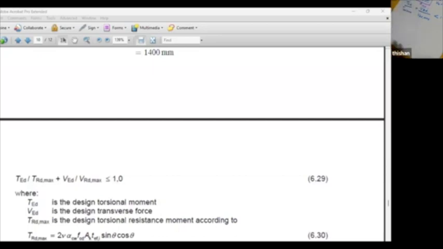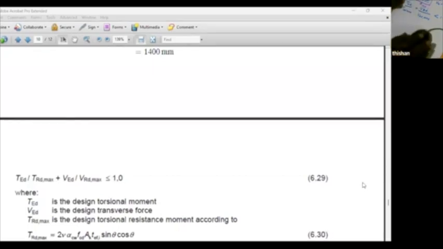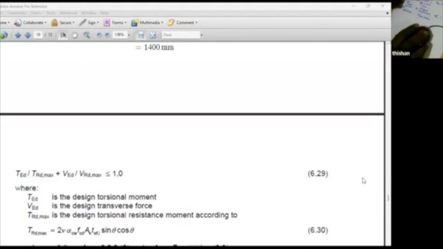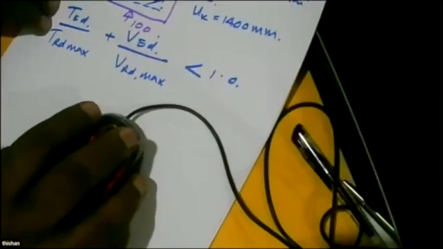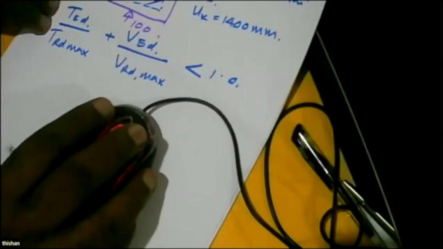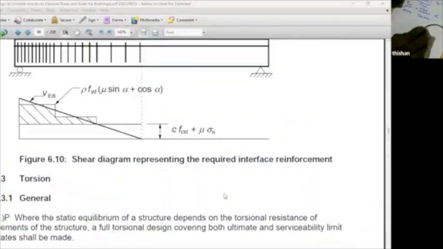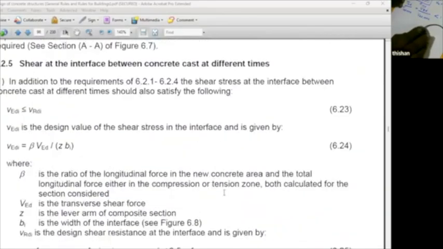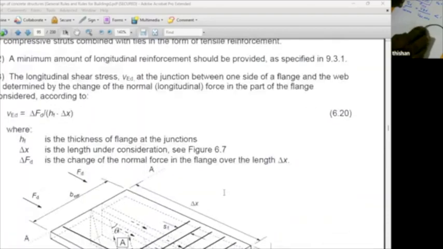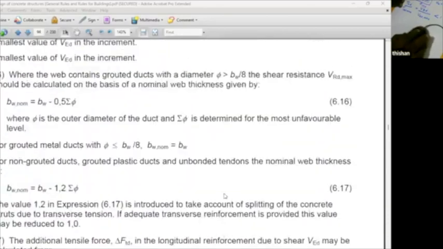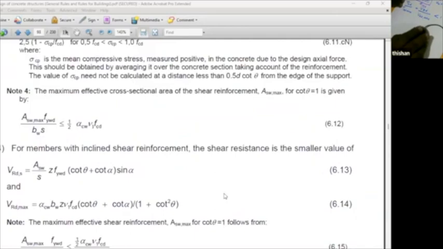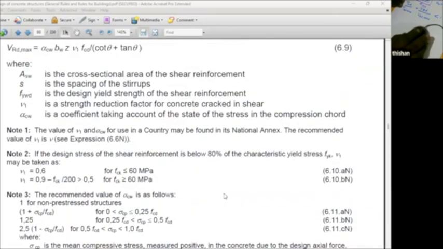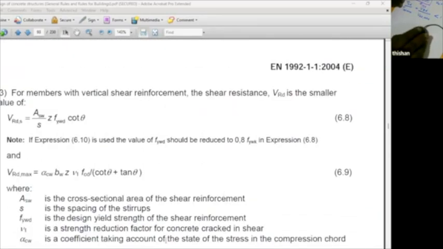Now for this we need VRD max. Now how do we find VRD max? So I'll stop share and I'll share the code. Now we are in torsion, but if we go to shear, direct shear, we have the equation for VRD max.